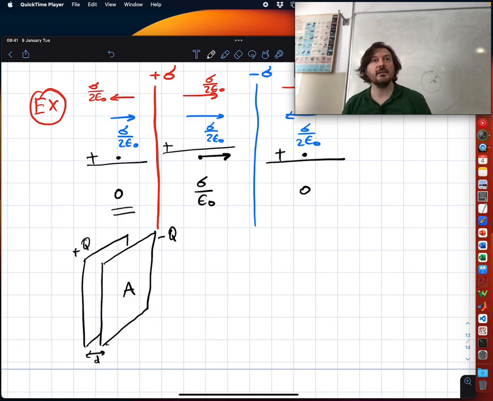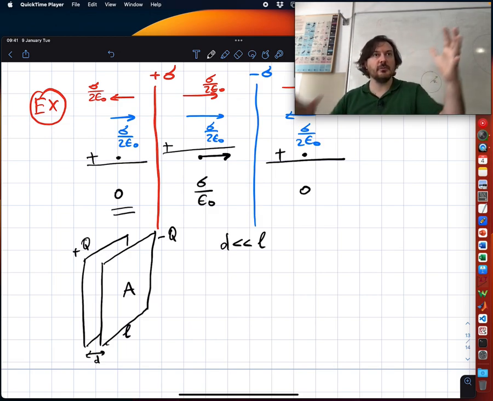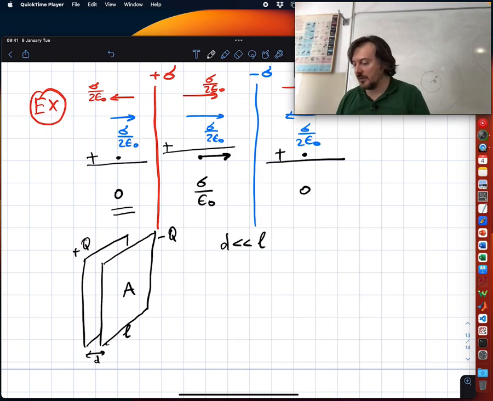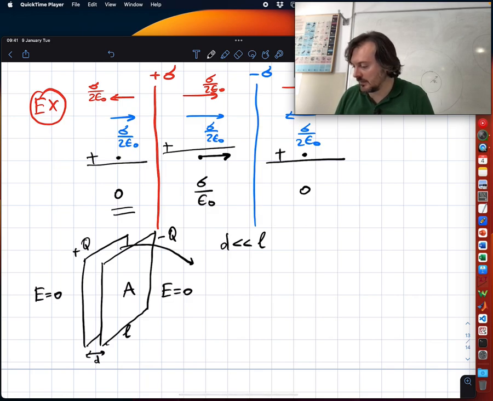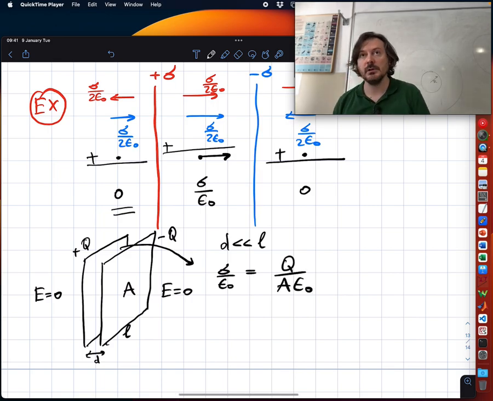We are going to say that for these kinds of parallel plates, assuming that the distance is much less than, let's say, this distance L, assuming that it's a tiny bit versus the huge area, the electric field outside is 0, but the electric field inside is sigma over epsilon 0, which is Q over A times epsilon 0.